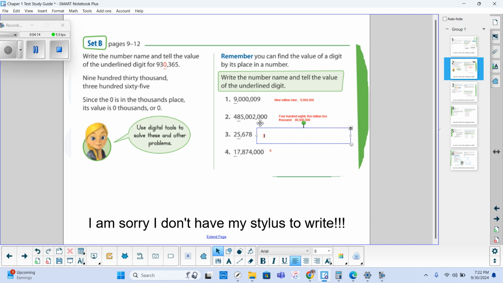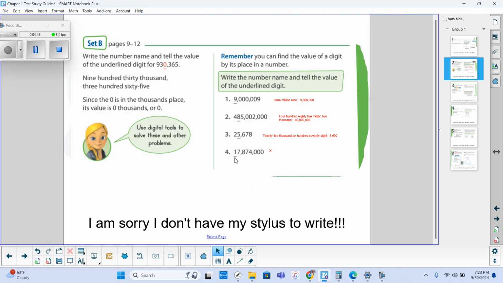This is 25,678. Okay. The number that's underlined is the 5, which is in the thousands place. So its value is 5,000.